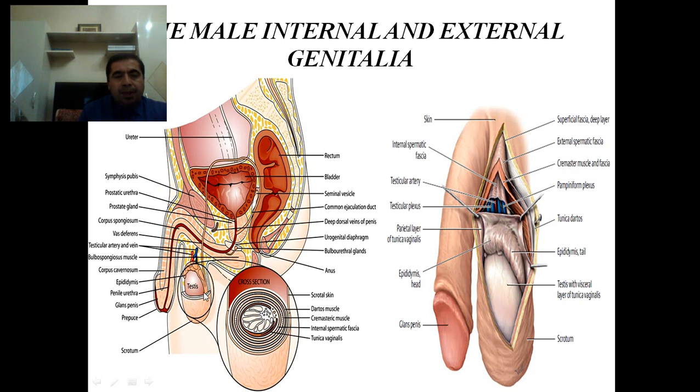These are the paired sex glands, with both exocrine and endocrine function. Then the epididymis, the vas deferens or ductus deferens, seminal glands, prostate, and the bulbourethral glands, or the glands of Mary or Cowper. The external male genitalia are the penis and the scrotum.